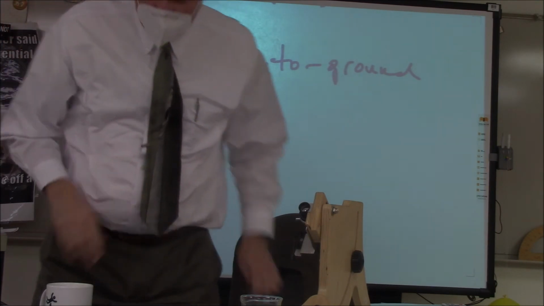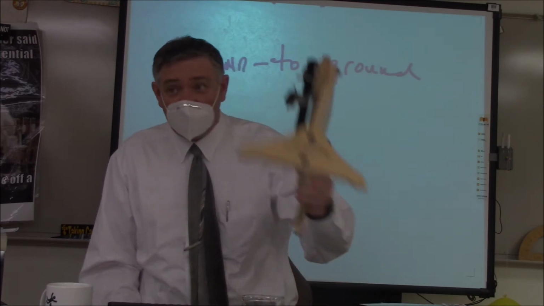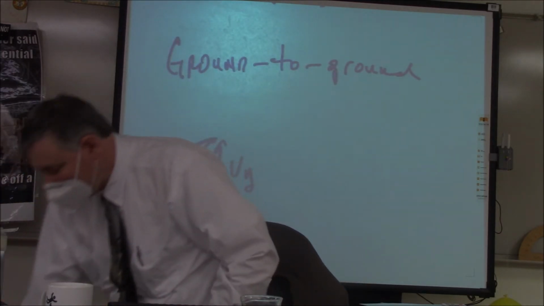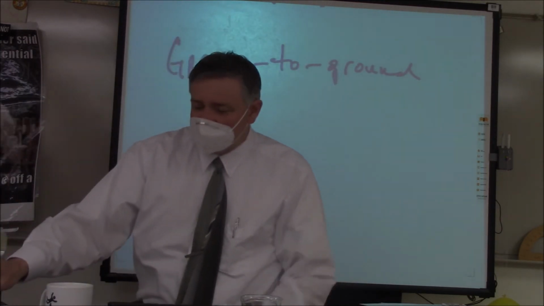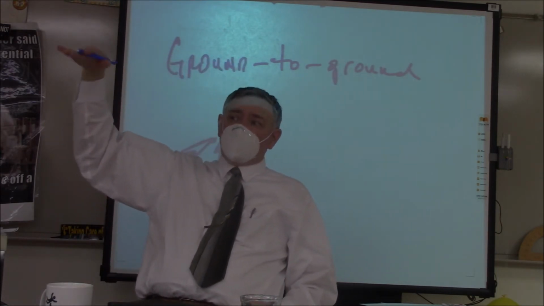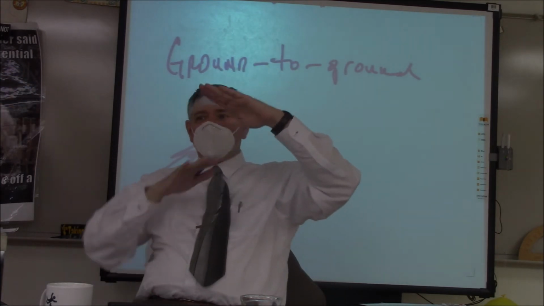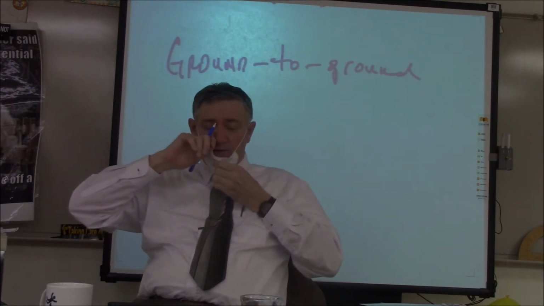All right, so here's how ground-to-ground problems are different than lemming problems. With lemming problems, you had no initial vertical velocity. It was just shot out like this. With ground-to-ground problems, you have a vertical and you have a horizontal.